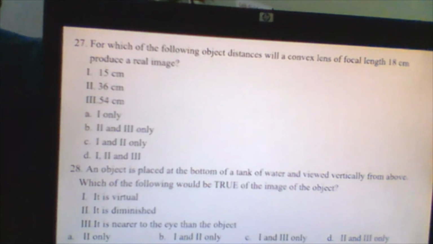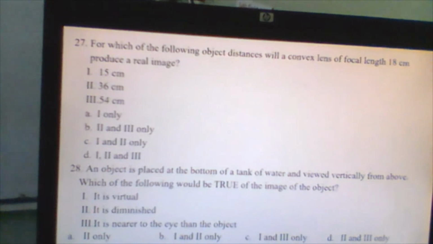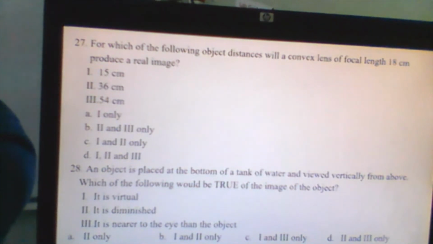Number 27. For which of the following object distances would a convex lens of focal length 18 centimeters produce a real image? Now, you have to understand what this question is asking. The focal length of the lens is 18 centimeters, and we want to know where it is going to produce a real image.